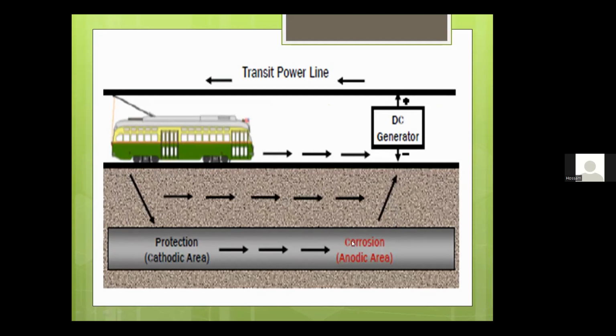Then when the pipeline comes near the station, the stray current is discharged from the surface of the pipeline, causing corrosion here. This is the anodic area, and the current goes back to its path.